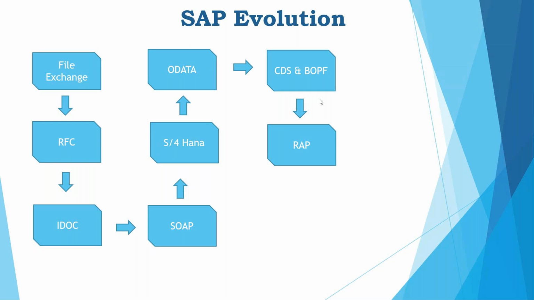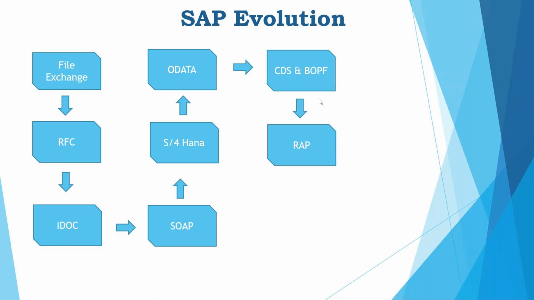CDS stands for Core Data Services, which means that in the application layer, CDS is defined to extract the data from the database layer and present it to the application. The function is very similar to SQL statements, so it is very easy to write queries in CDS views.